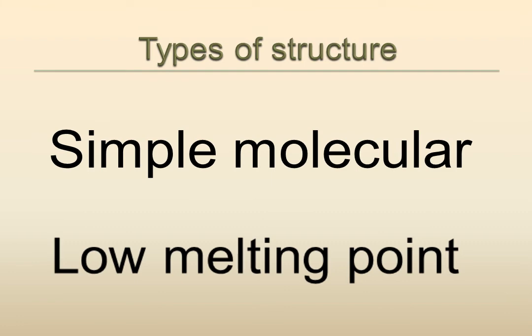So giant structures, generally high melting points; simple molecular structures, low melting points. But notice both sorts of structures have strong chemical bonds within them, but we are not breaking those strong chemical bonds with simple molecular structures. We are breaking the weak intermolecular forces between the molecules themselves.